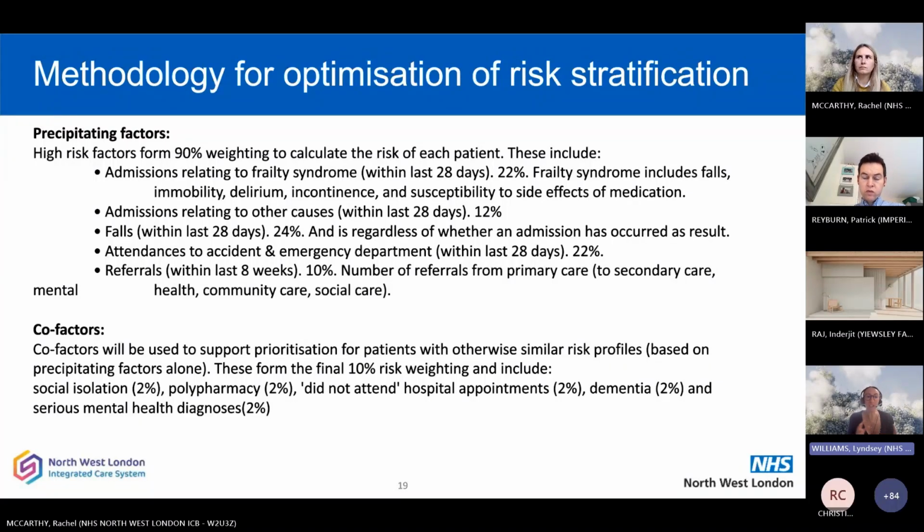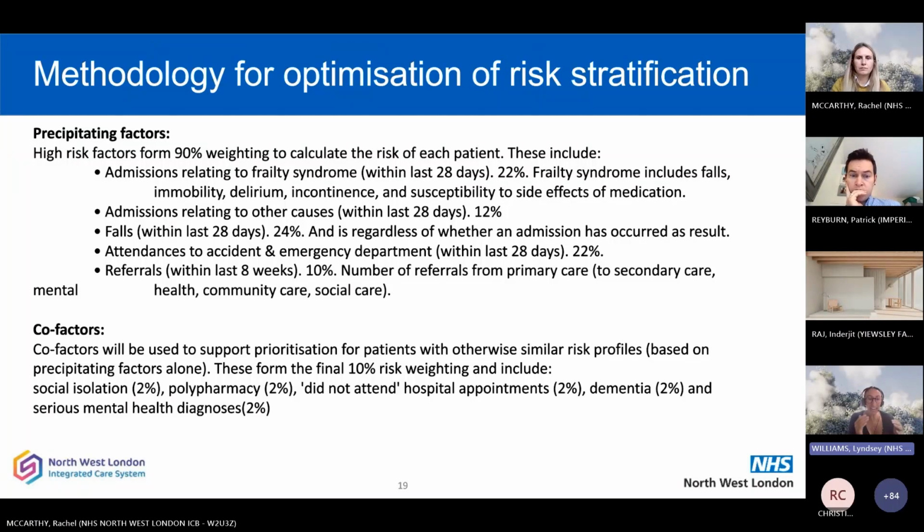And then we also have the cofactors. And again, these were quite interesting because they're not included in the electronic frailty score nationally. But things like social isolation, polypharmacy, DNAs, dementia, and mental health, all of these are going to contribute to a patient becoming more at risk, but particularly when paired with frailty. And so we added in some of these. You can see they're small percentages, but they're in there.